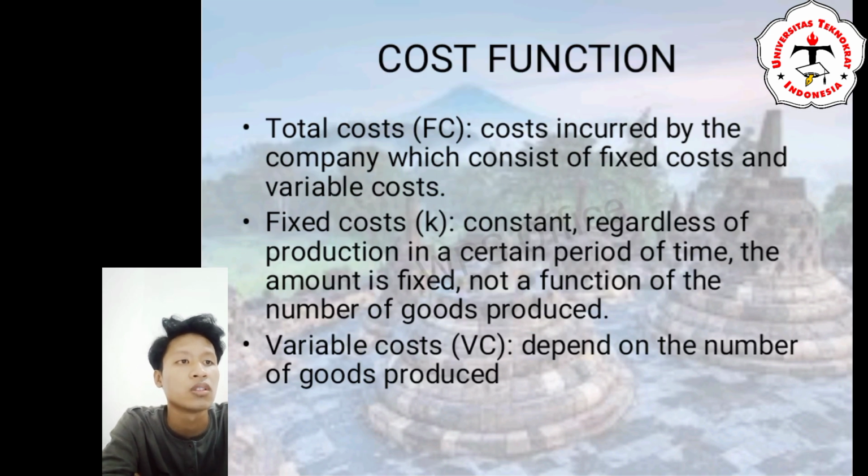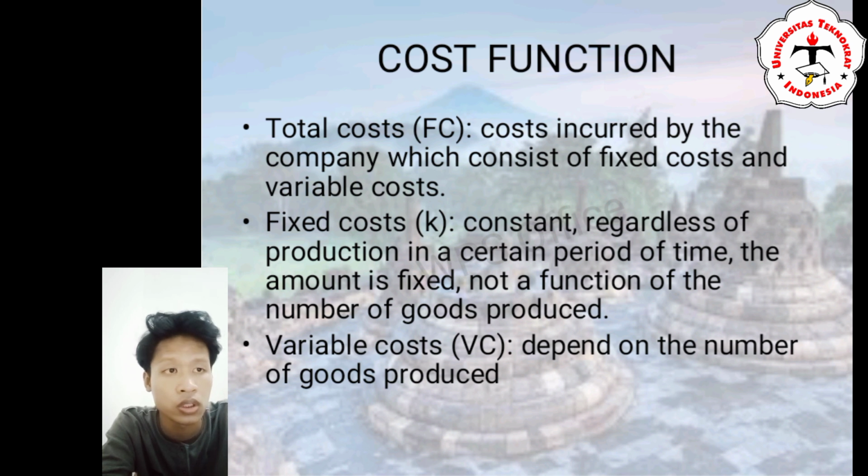Cost function. Total cost, or TC, is the cost incurred by the company, which consists of fixed cost and variable cost. Fixed cost is constant regardless of production in a certain period of time.